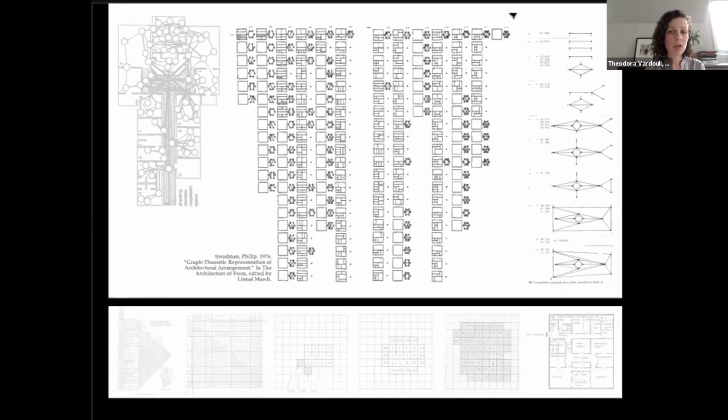This really captured the architect's imagination, the idea that with these mathematical representations, you would be able to know from the onset what your options are when you're designing something, as opposed to designing it through intuition or prior experience. The idea was that you could map what today we would call an entire design space, all possibilities for a given problem.